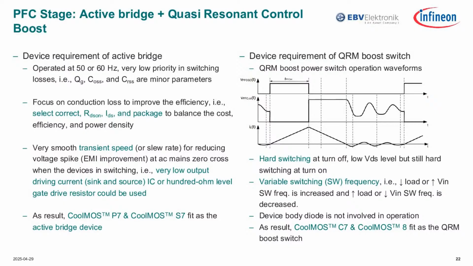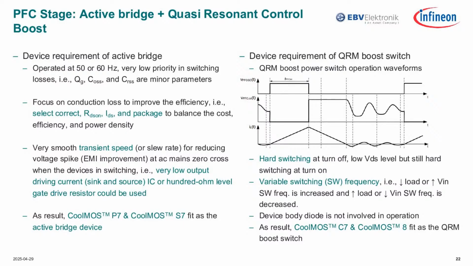We need to control the transient speed, which means we also need to consider a very low output driving current driver IC to slow down the transient speed of our device. So the suggestion is that we can consider using our high voltage silicon MOSFET as the active bridge device.